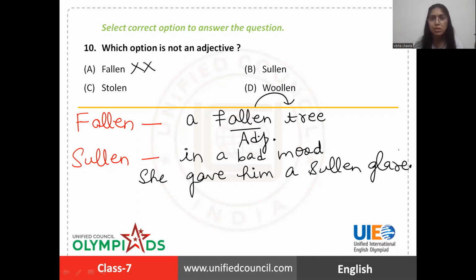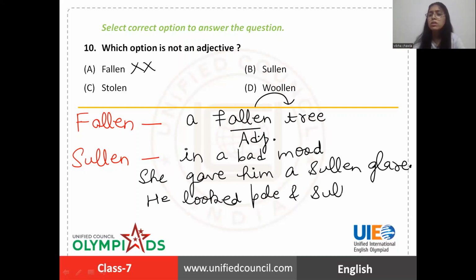Sullen teenagers. Okay. And for example, he looked pale and sullen. Means he was in a bad mood. Didn't feel like talking to anyone. So that is sullen. Sometimes this word is used for weather or sky also.